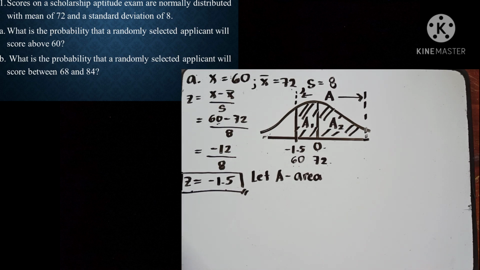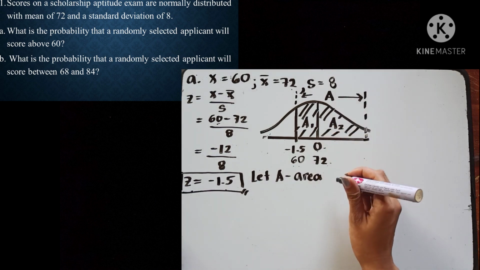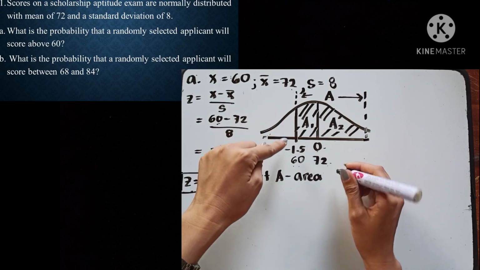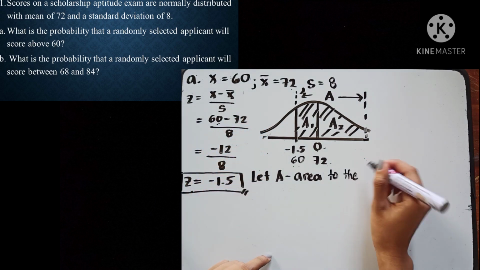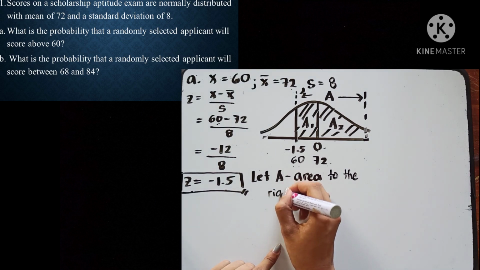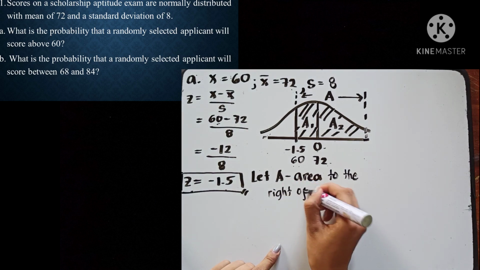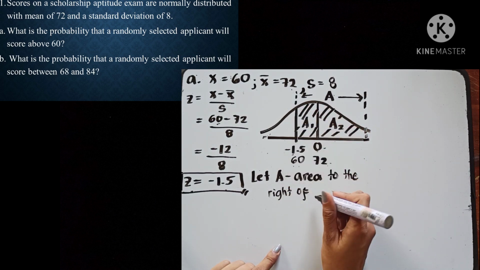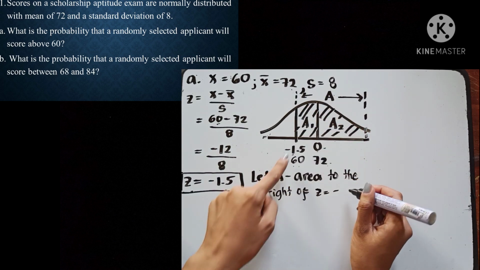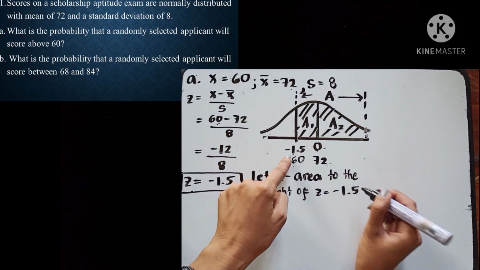Ang dumagdag lang dito is, kailangan mo munang kuhanin yung z-score. But then, yung process ng pagkuha ng area, yun yung susundin natin. Okay? Area, yung A natin, area to the right of negative z is equal to negative 1.5.